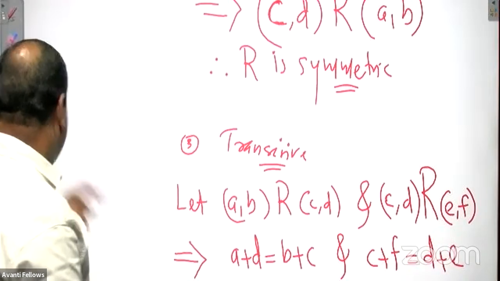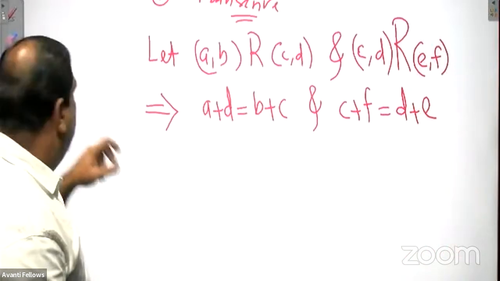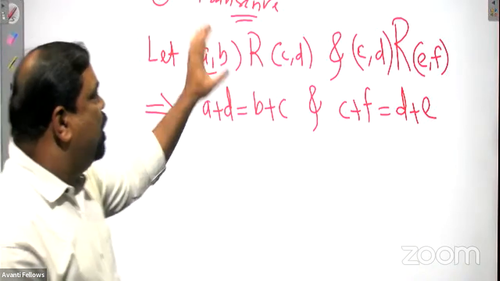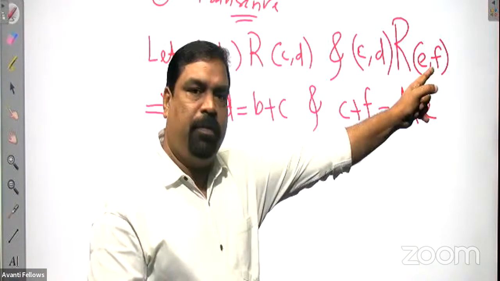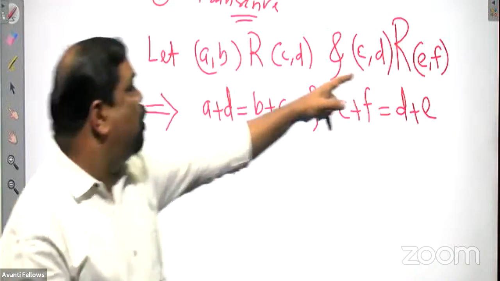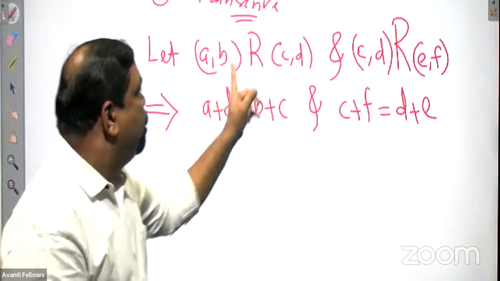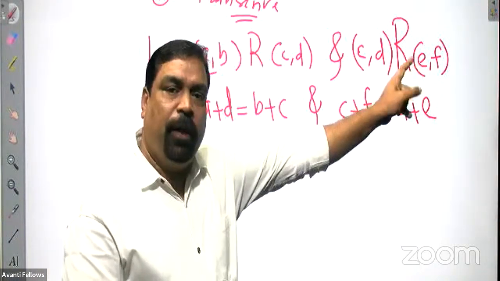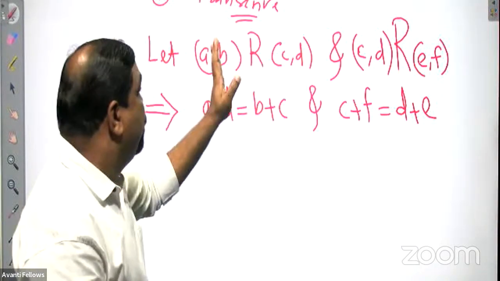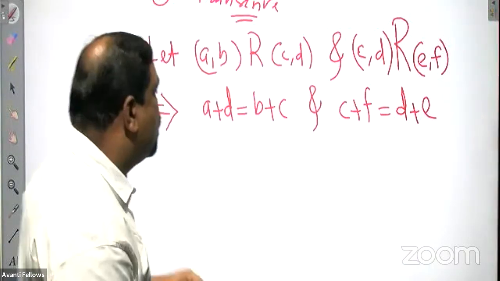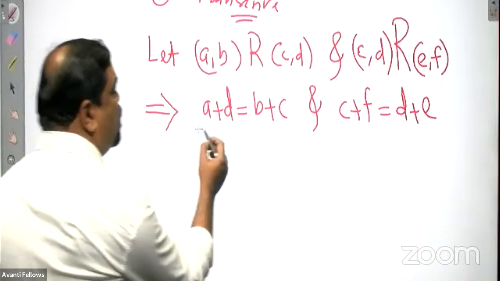Now, what we need to prove is that AB is related to EF. So that means we have to prove A plus F must be equal to B plus E. That is our target. So how to get that one? We have two equations with us.